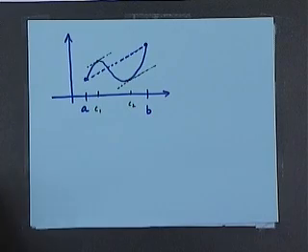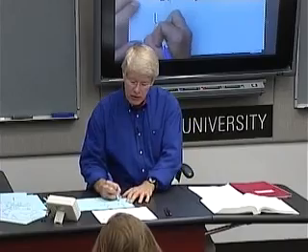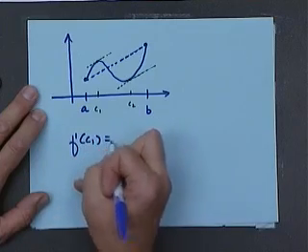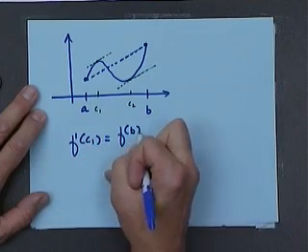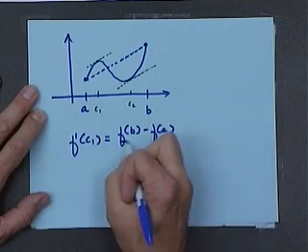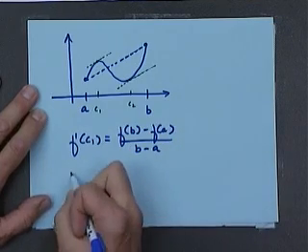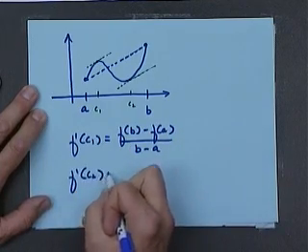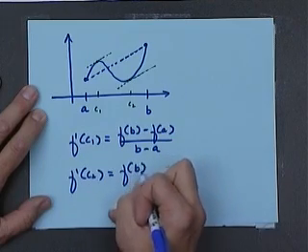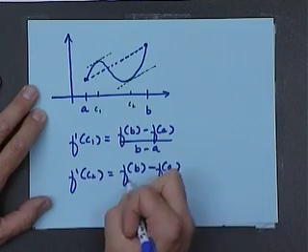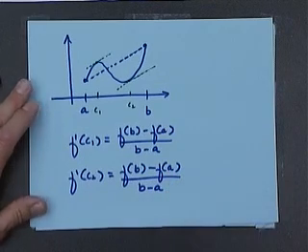There could be lots of them depending on how much the curve actually oscillates. So the F prime at C1 is equal to F of B minus F of A all over B minus A. And the F prime at C2 is also the same as the slope of the secant.